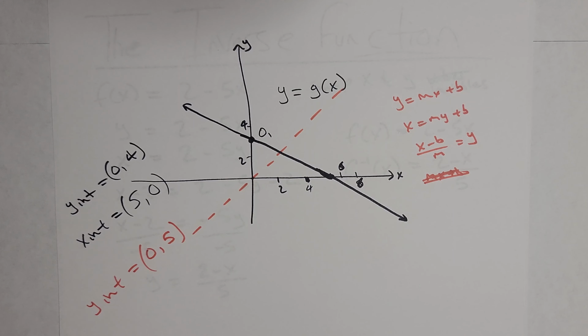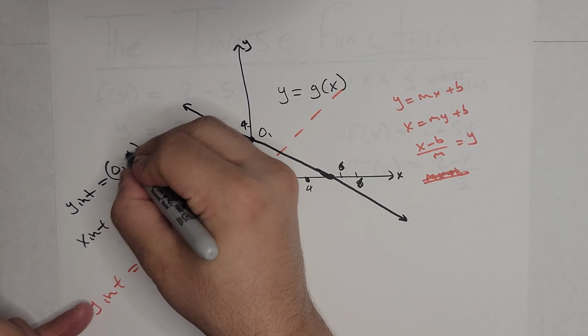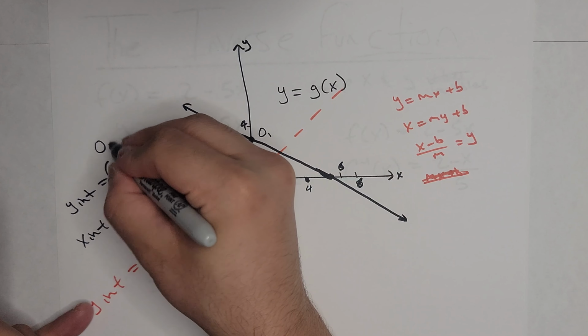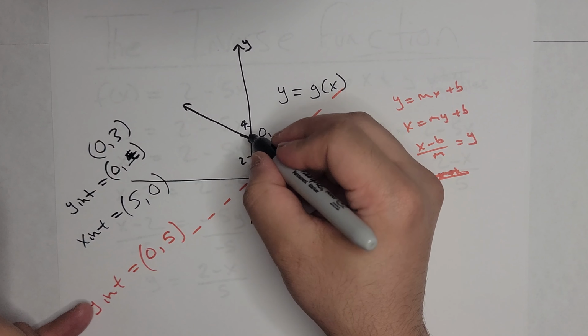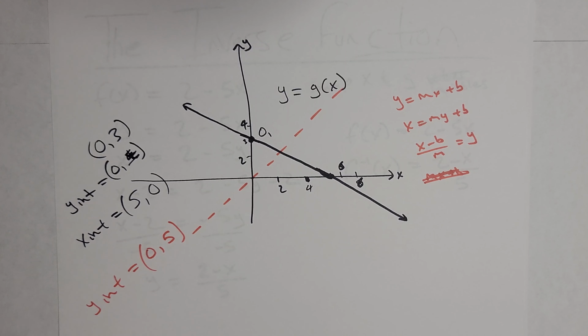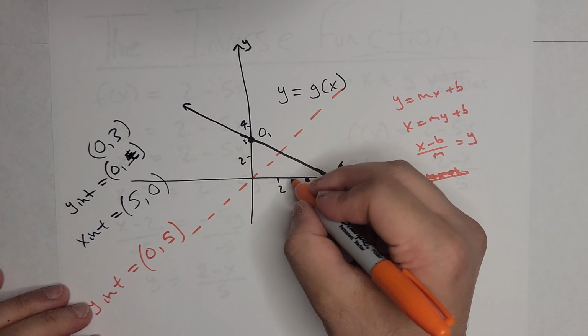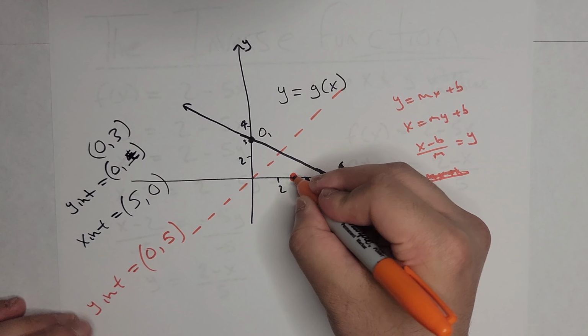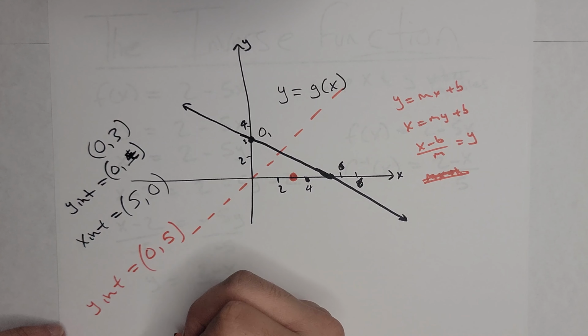Sorry, I don't know. I must be half asleep right now. I'm just confusing myself. This is a 3. So our new value will be mapped here at 3, comma 0.